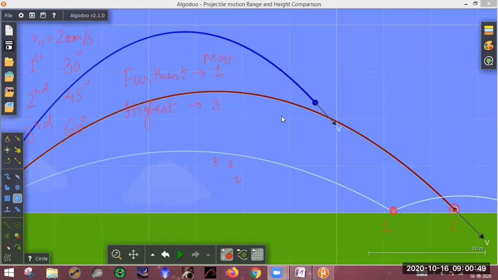And now the third one, what do you think? What is going to happen with the third one? Okay, let's check.